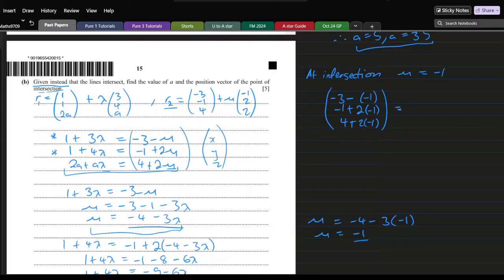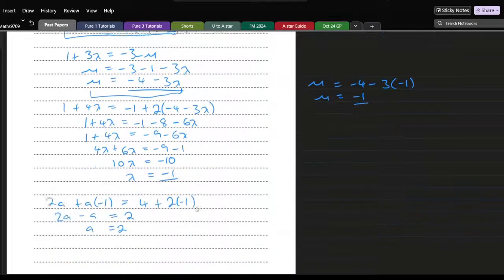So this gives us the points. That's -3 plus 1, which is -2, -1 minus 2, -3, 4 minus 2, that's a 2. So those are the coordinates of our point of intersection.